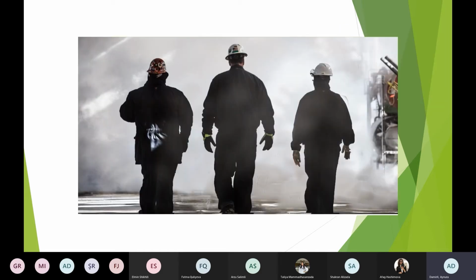So what do we do? Even in this case, not only inspection or monitoring, we split between the disciplines, between all engineering.